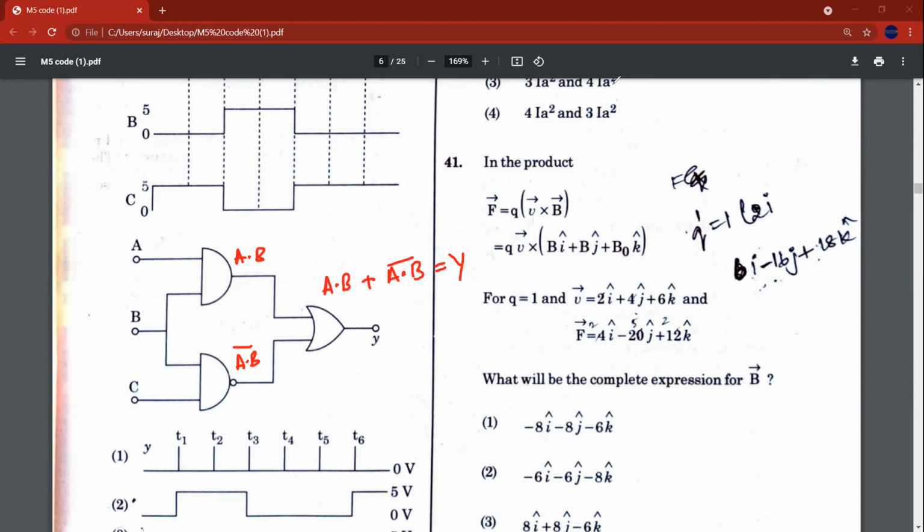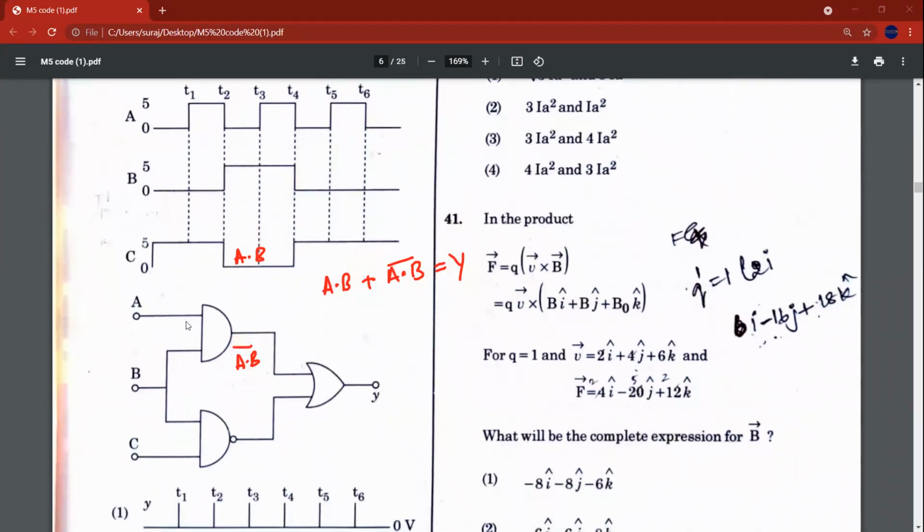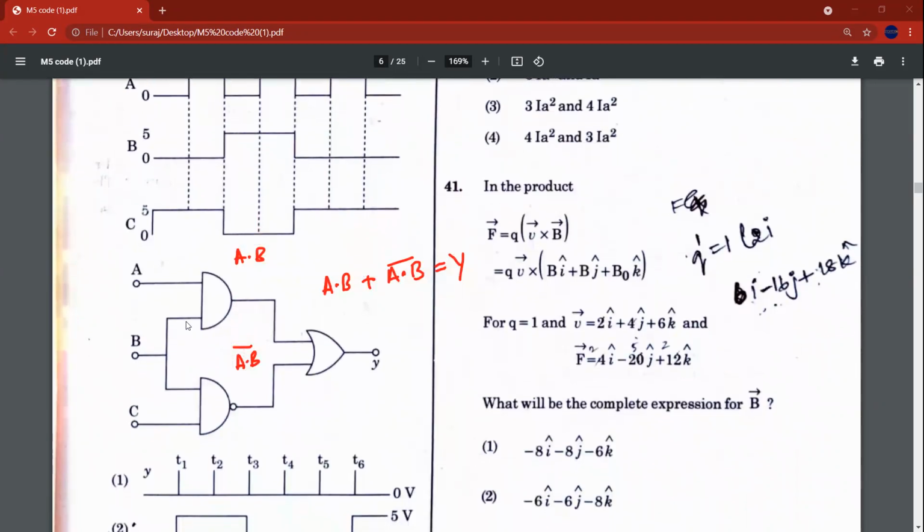That means here, how to solve? Here A is given 0, B is given 0. Okay, C. Here C is there, right? A dot C bar will come.